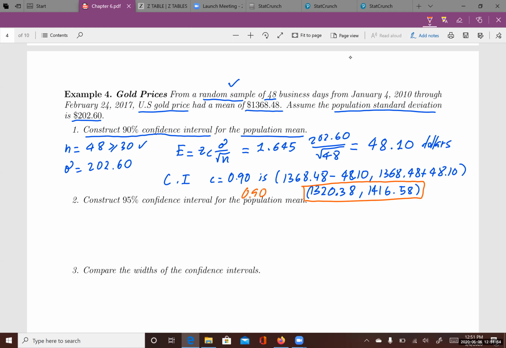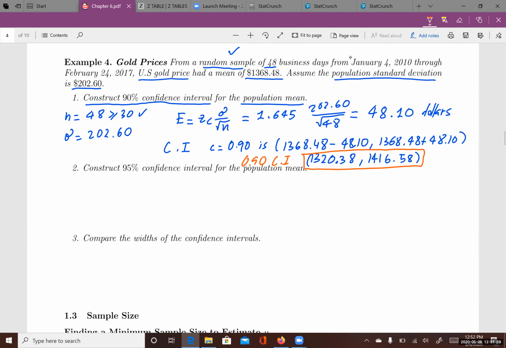Okay, how about a 95% confidence interval? We do the same thing. We just need to find E, which this time, for 95%, the zc is 1.96.